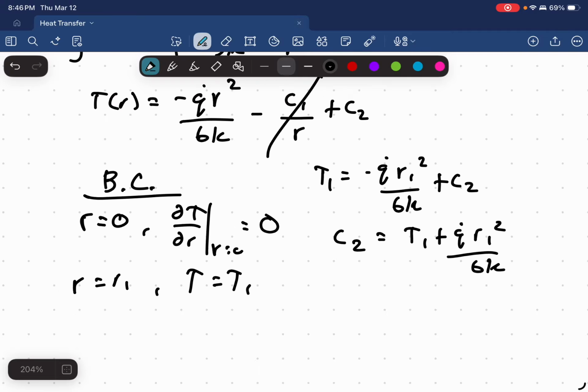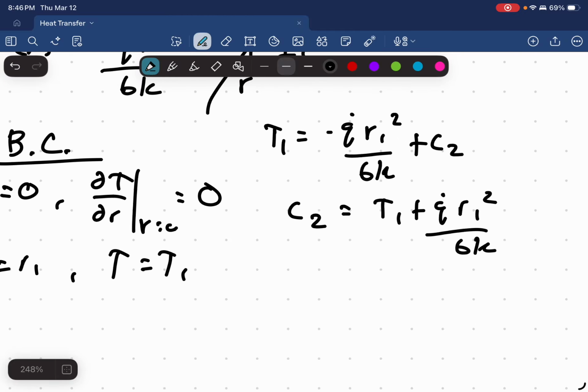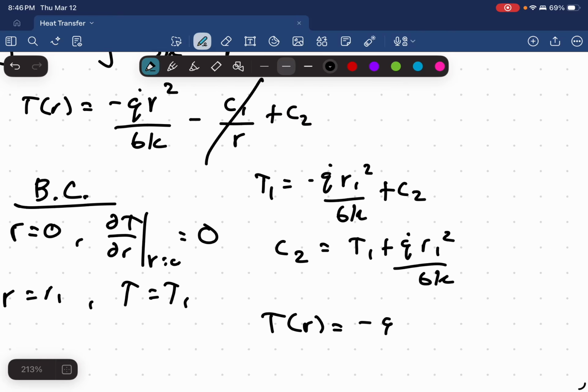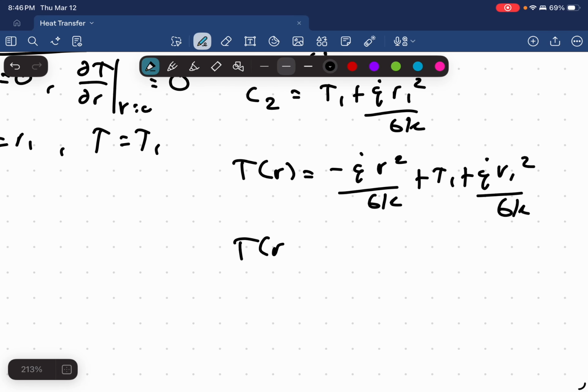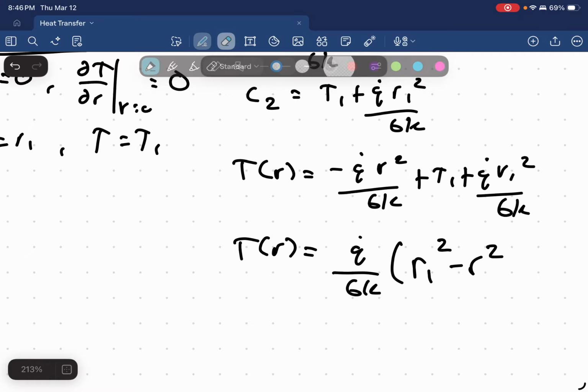Now we substitute that back into the T of R equation. So T of R is equal to negative Q dot R squared over 6k plus T1 plus Q dot R1 squared over 6k. And now we can simplify this by grouping together the Q dot over 6k variable, and we'll have R1 squared minus R squared.